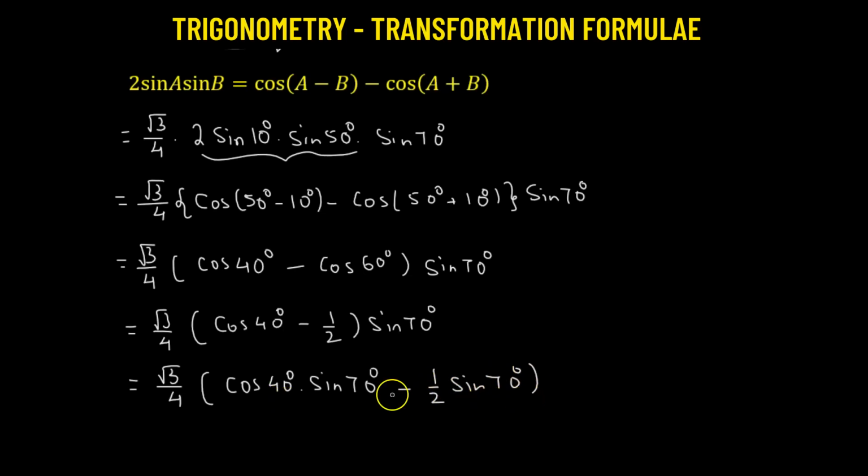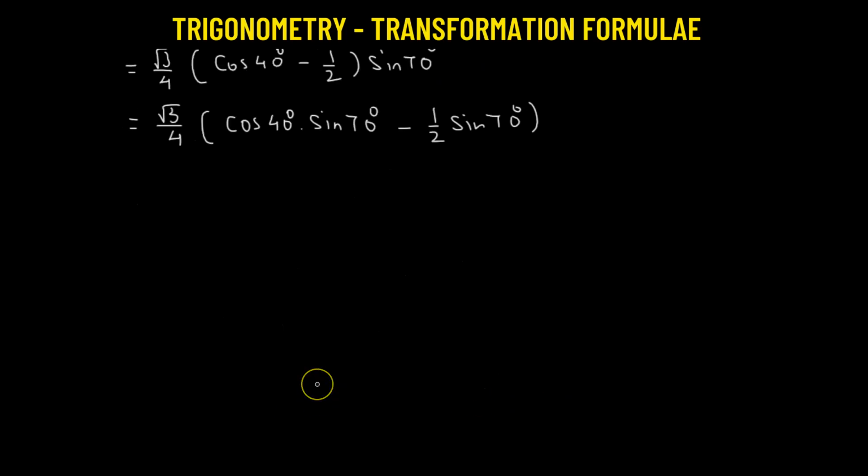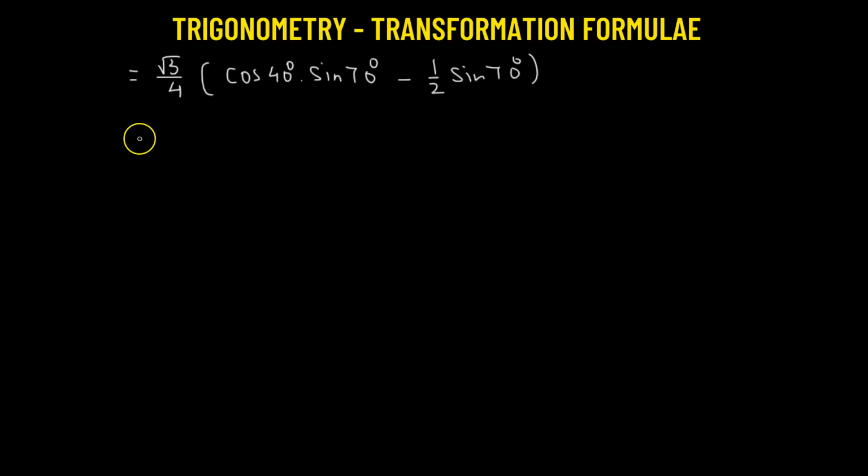Now we're going to take half as a common factor from within the parentheses. So this is going to give us square root of 3 over 8, whole multiplied to 2 times sine 70 degrees times cosine 40 degrees minus, since we pulled out half, so this will be negative sine 70 degrees.